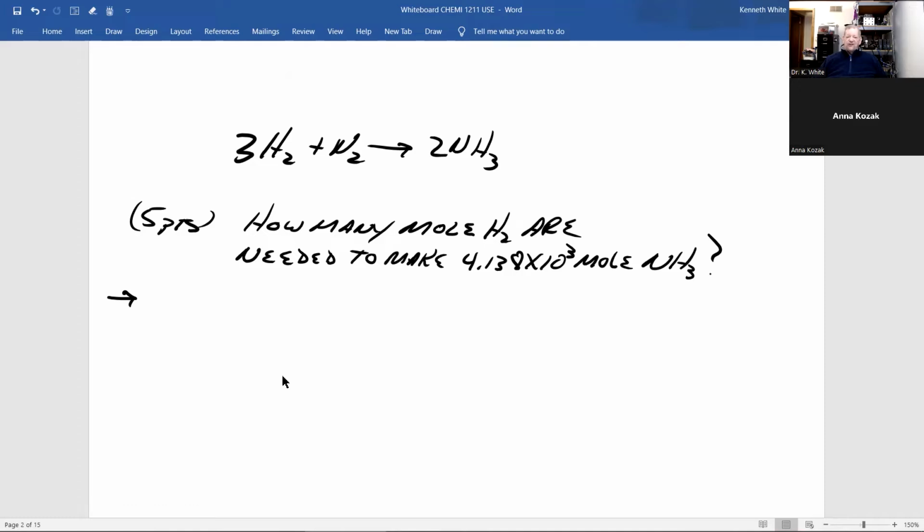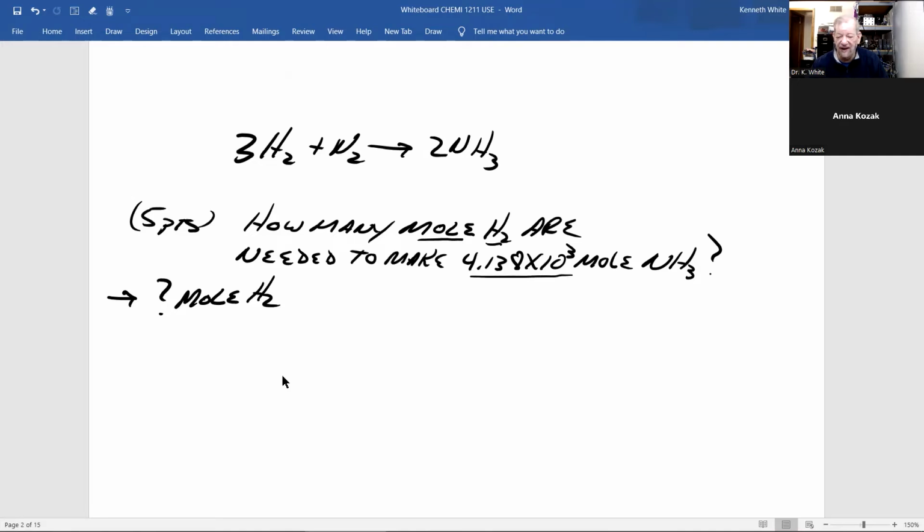Again, I'm not asking you to do the whole problem. This is what are you being asked to find and what are you given? Once you figure that out, all right, time for me to get to work again. So what are we being asked to find? How many moles of hydrogen? So we're trying to find moles of hydrogen. What are we given?